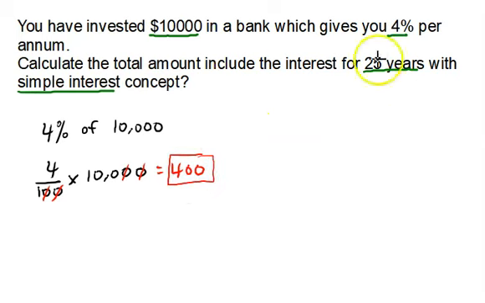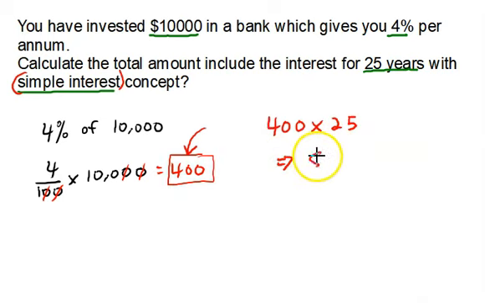So this is for 1 whole year. Okay, now simple interest means the interest money that you are getting here will never change. So you'll be getting 400 for the continuous 25 years, which will be about $10,000 as interest.